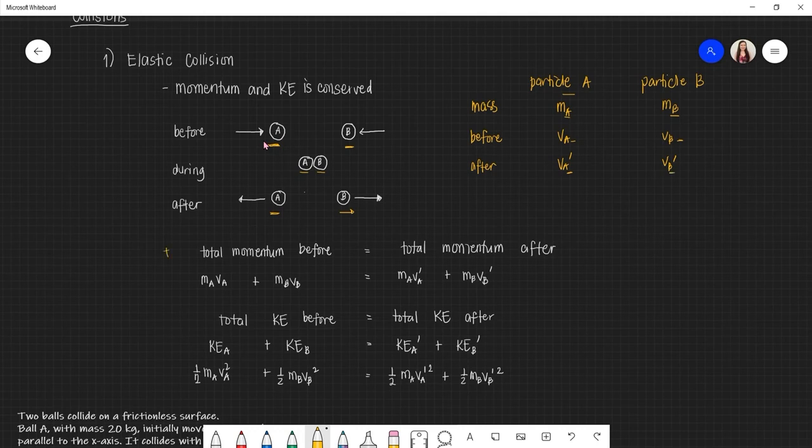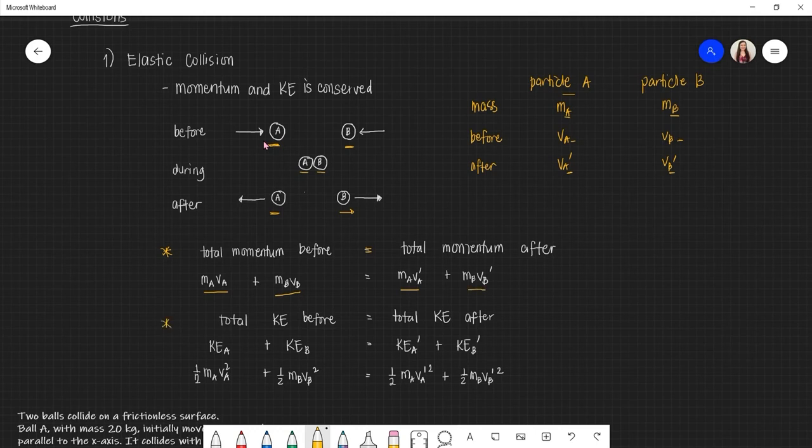So the total momentum before the collision is equal to the total momentum after the collision. So MAVA plus MBVB is equal to MAVA prime plus MBVB prime.